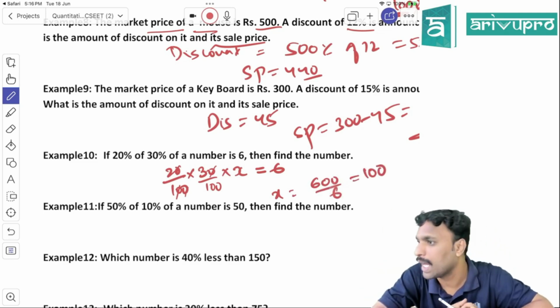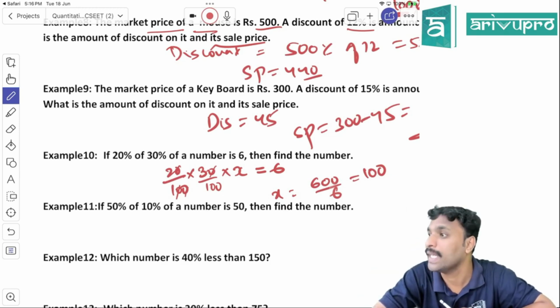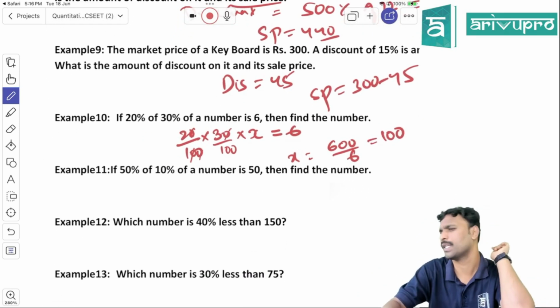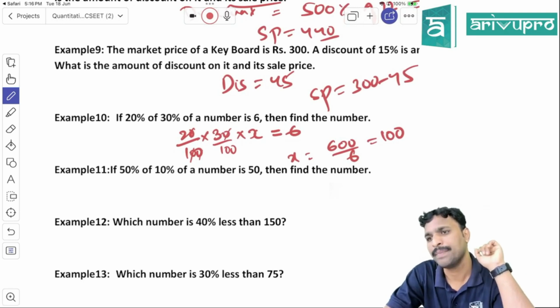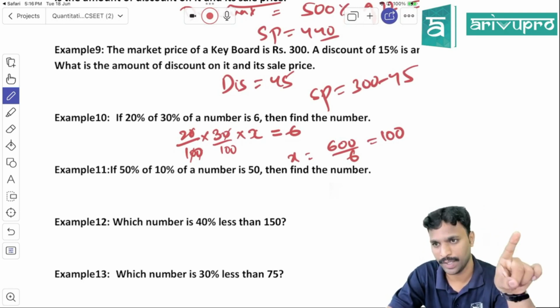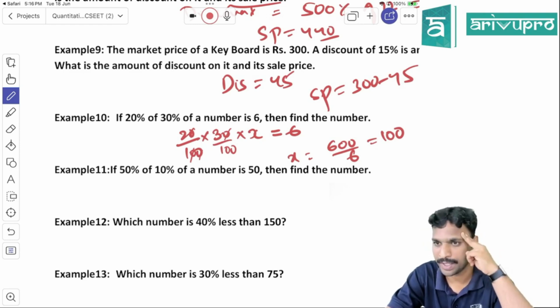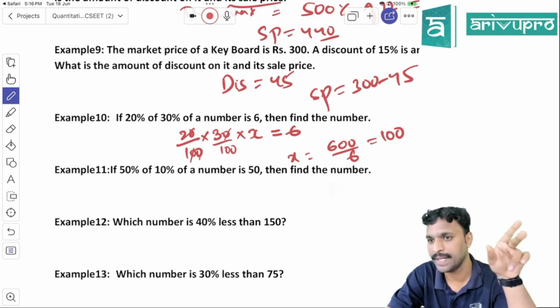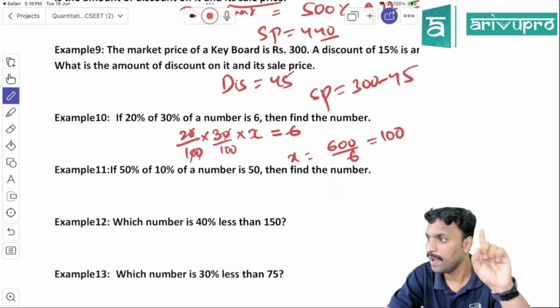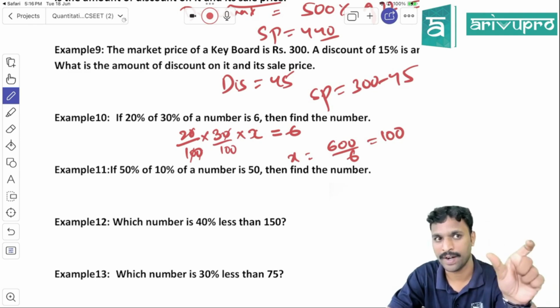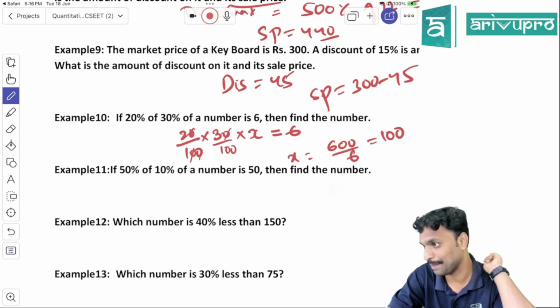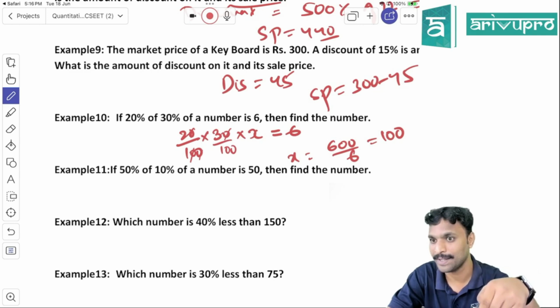I'll give you the other approach. What is the other approach? Please remember, 20 has got a 0. 30 also has got a 0. So 2 zeros in the mind. Keep it. Percentages mean 1 followed by 4 zeros because 20 also has got 100, 30 also has got 100. So 100, 100, 4 zeros it will be. So 2 zeros cancel 2 of the 4 zeros.